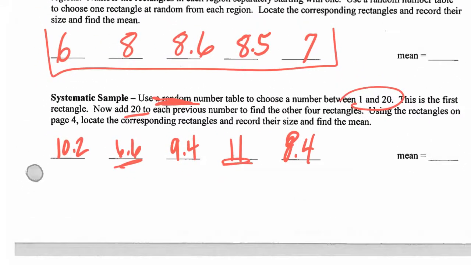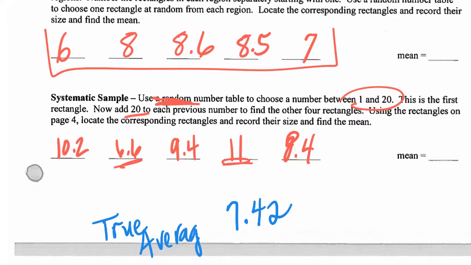The real answer for the average of all 100 rectangles is 7.42. So that true average was 7.42.